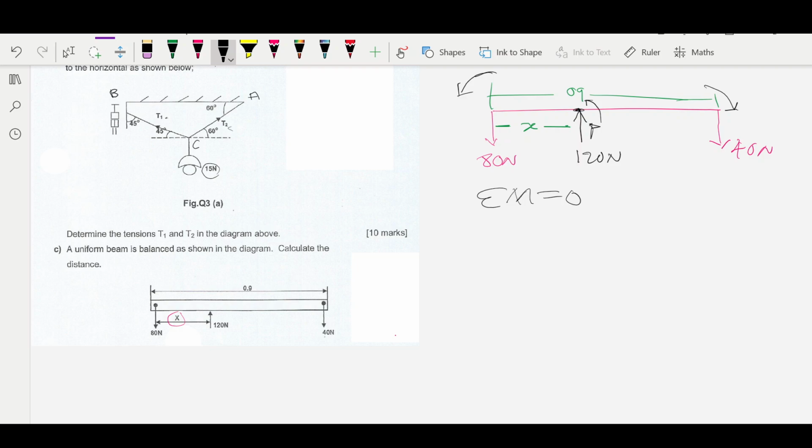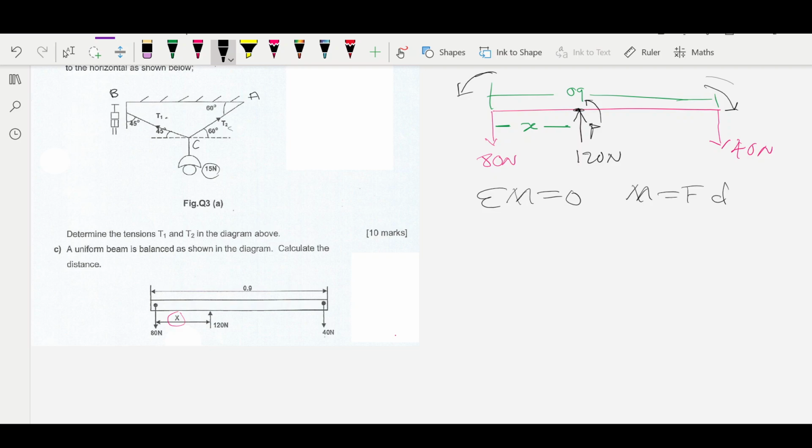So taking moments about point P, because moment is given by the force times the perpendicular distance. Since this one is going in the anti-clockwise direction, it is considered to be positive, and this other one, going in the clockwise direction, is considered to be negative.